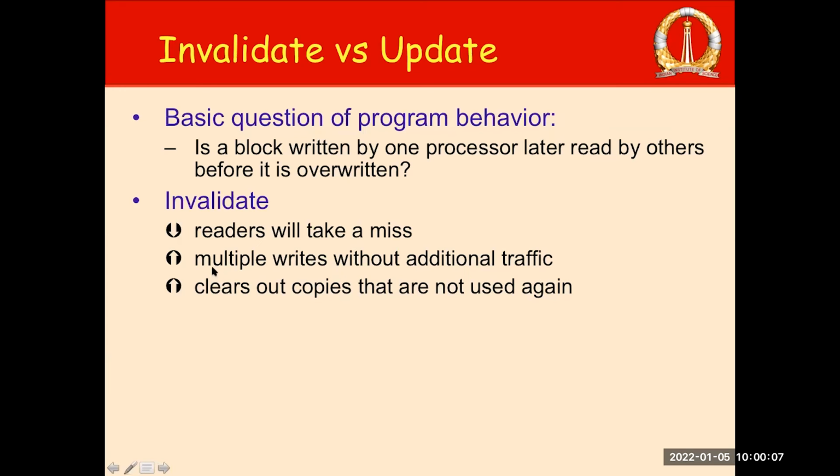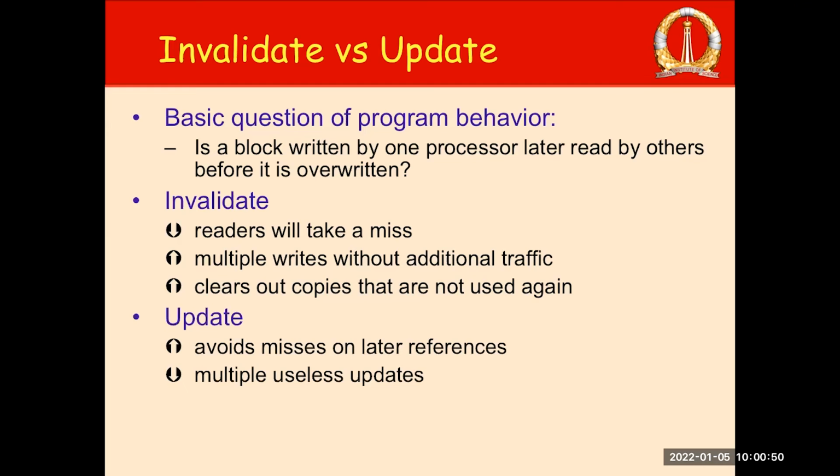But the positive aspect is that if a processor is writing a shared variable again and again, only the first time does it have to send the invalidation message. After that, no other processor has a copy, so it can continue to update as long as nobody else has a copy of the data. Future writes will not incur much coherence related traffic on the interconnect network. As we talk about one of these interconnect protocols, you will understand what I mean by this.